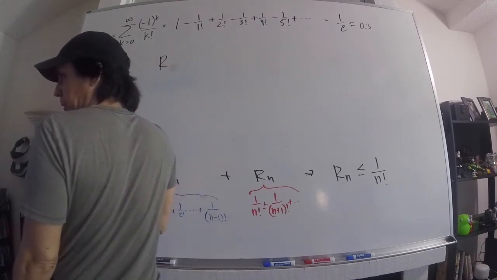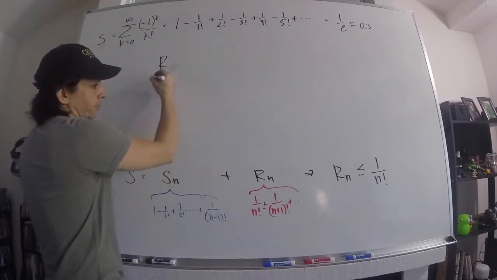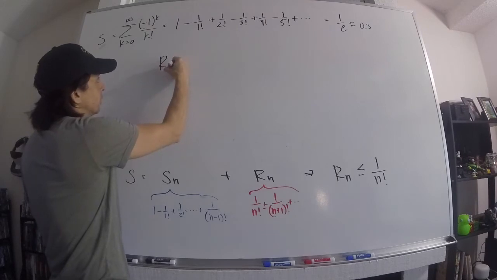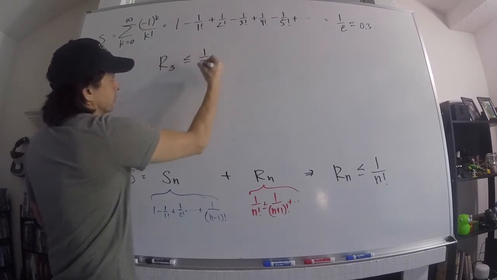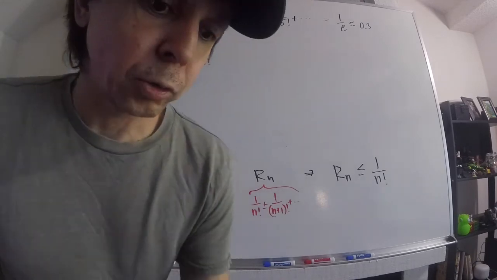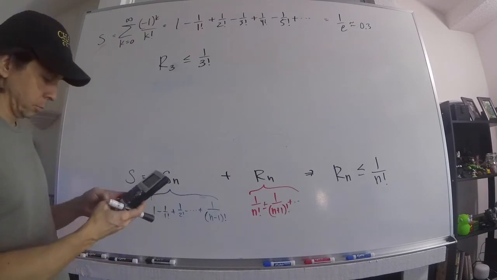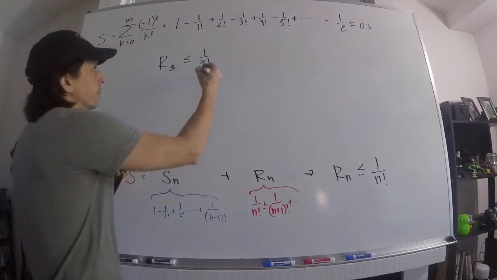Let me jump ahead and tell you what it was again. Okay, so what did I have? R3 is less than 1 over 3 factorial. Let me see what 1 over 3 factorial is. 0.1667.